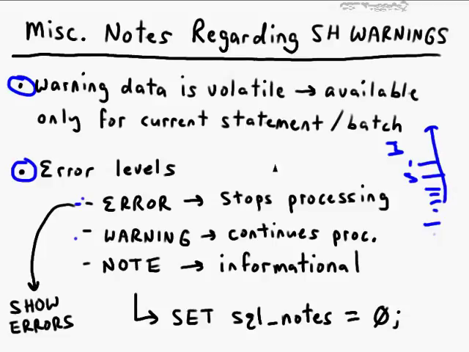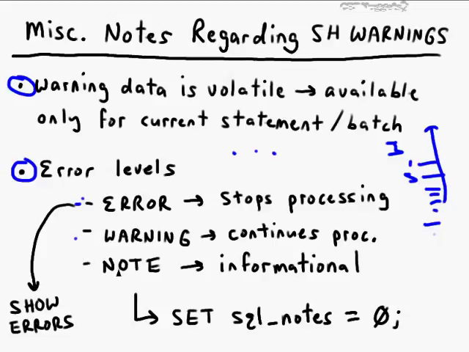Now, a couple whiteboards ago, where I showed you that statement of create table if not exists, obviously MySQL can't create a table of the same name if there's already one of that same name. But a warning is MySQL essentially telling you that it will continue processing the statement to its furthest capability.